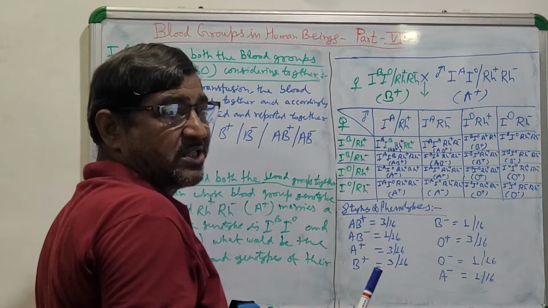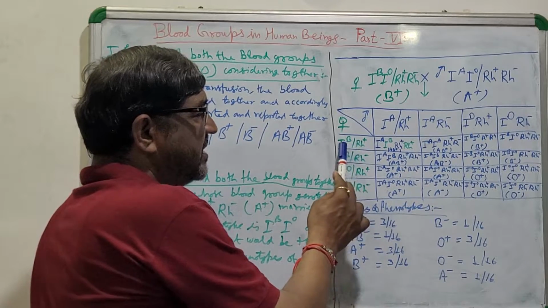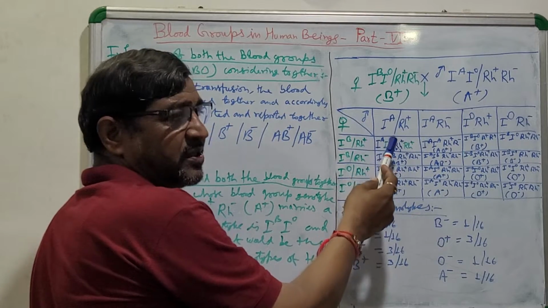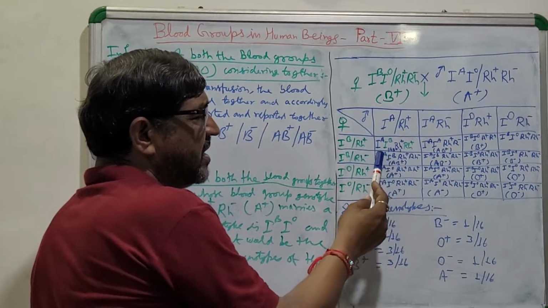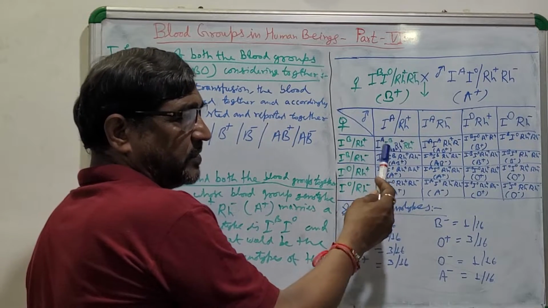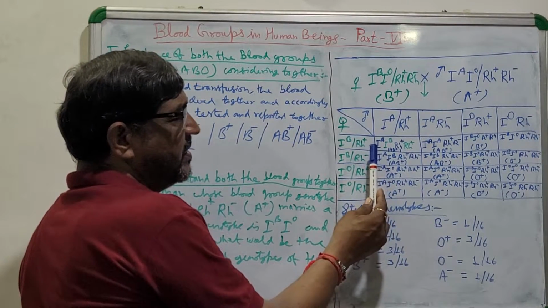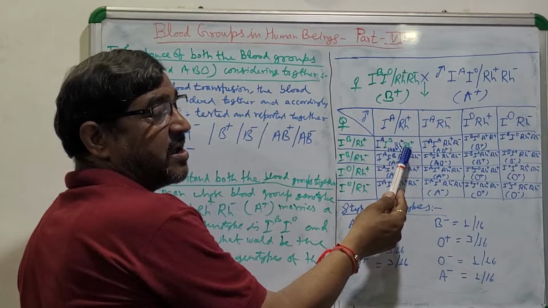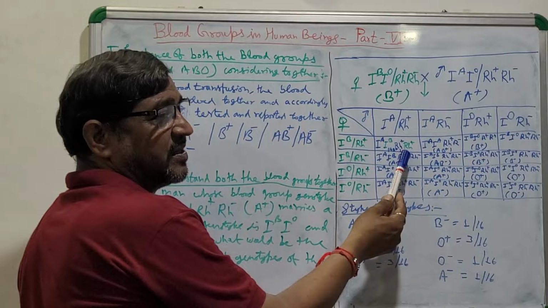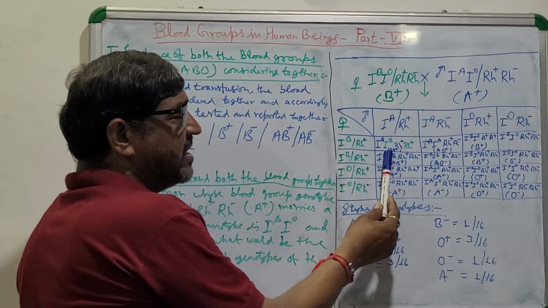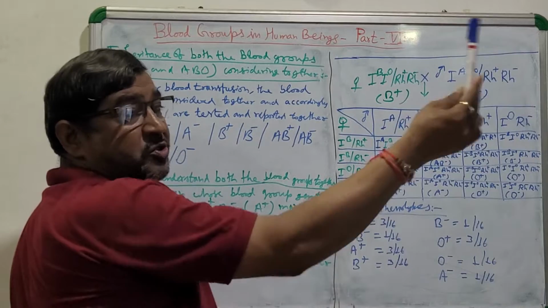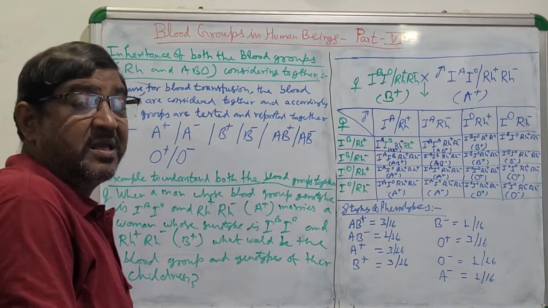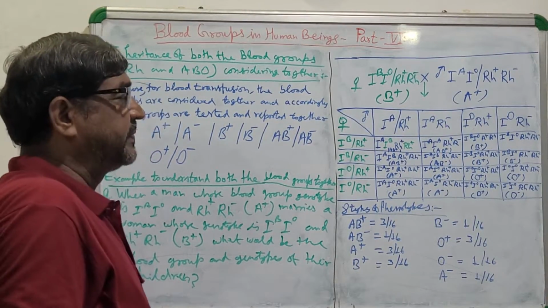So if you see the combination, once this gamete fertilizes with this, it gives a zygote having the genotype AB, RH plus, RH plus. The phenotype of that child will be AB positive.